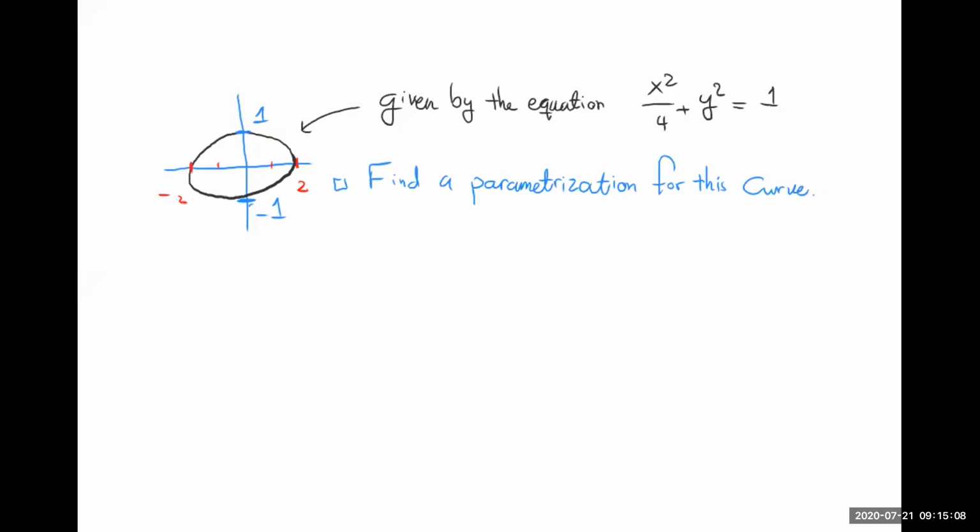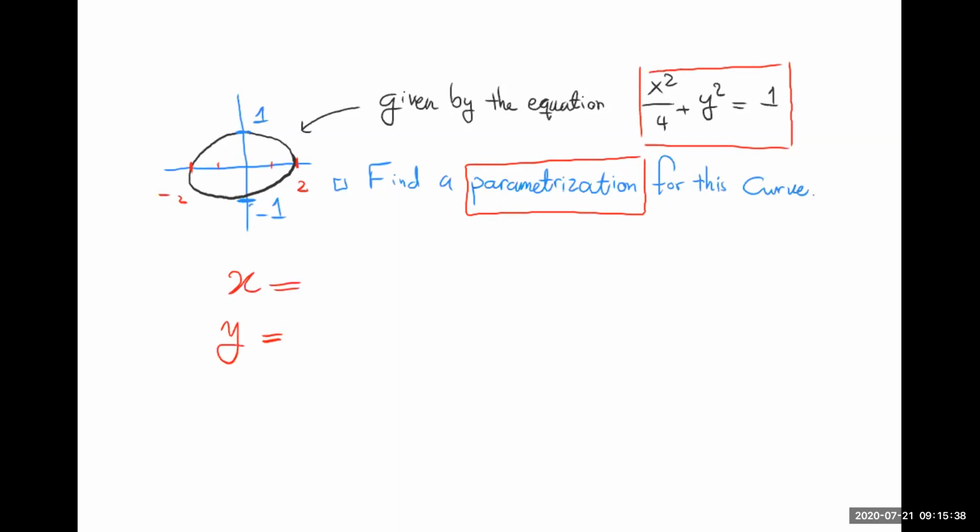The question I would ask you is to give me a way to describe a particle moving along this curve. So this is an example of an equation. What we are looking for is a parameterization. Parametrization, in more concrete words, means you should tell me what is x, what is y as functions of time.